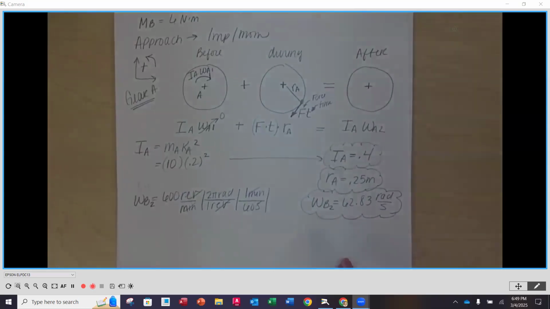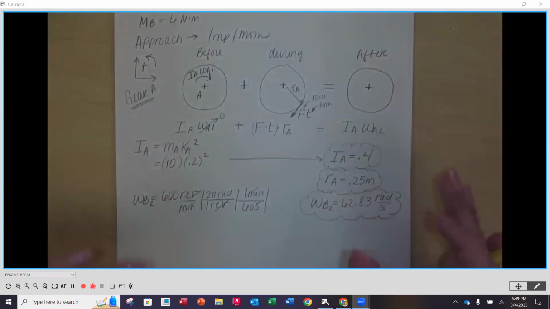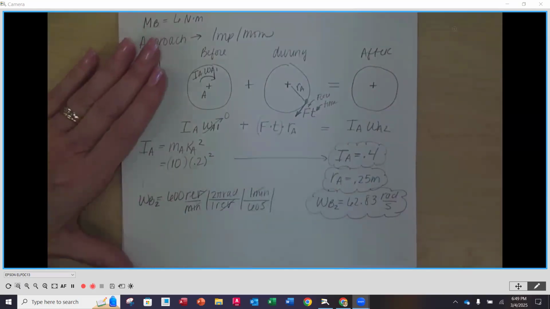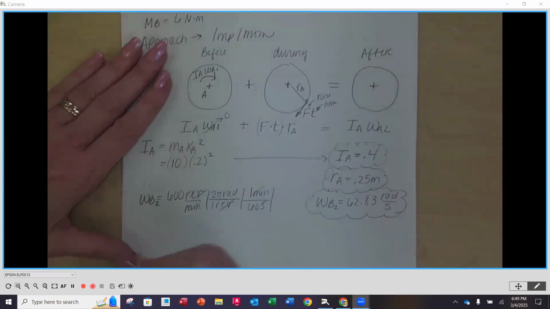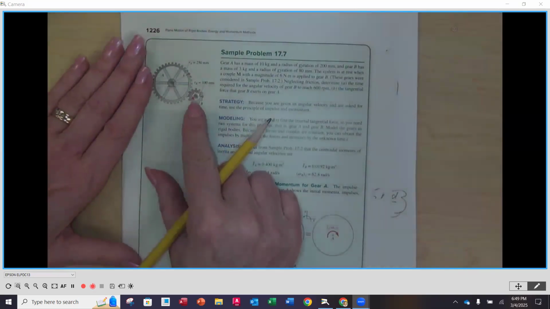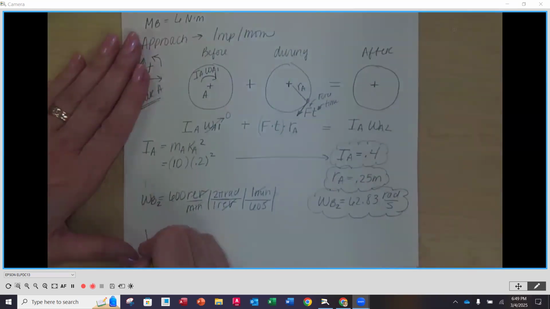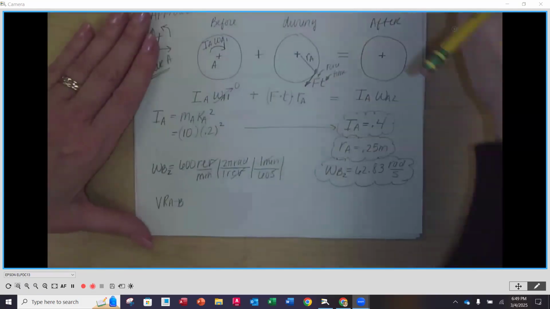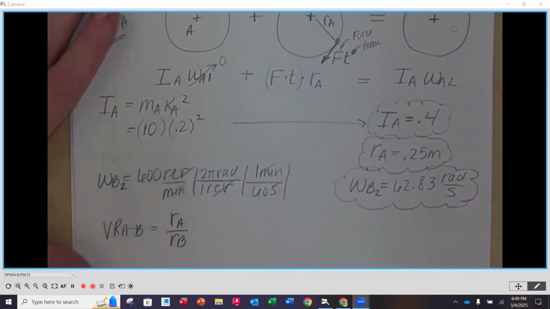Now, we're working on gear A. That's gear B. So to determine what gear A is going to be, we need to know what the velocity ratio is. The velocity ratio comes from the size of the 2 gears. In this case, we can use the radius of B and the radius of A to figure out the velocity ratio. So velocity ratio A to B is going to be equal to RA divided by RB.